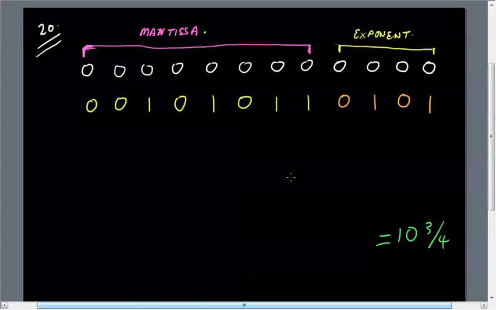So how can we explain that that is a floating point binary representation of this? The first part is pretty straightforward. So what I'm going to do is figure out the binary for these numbers.